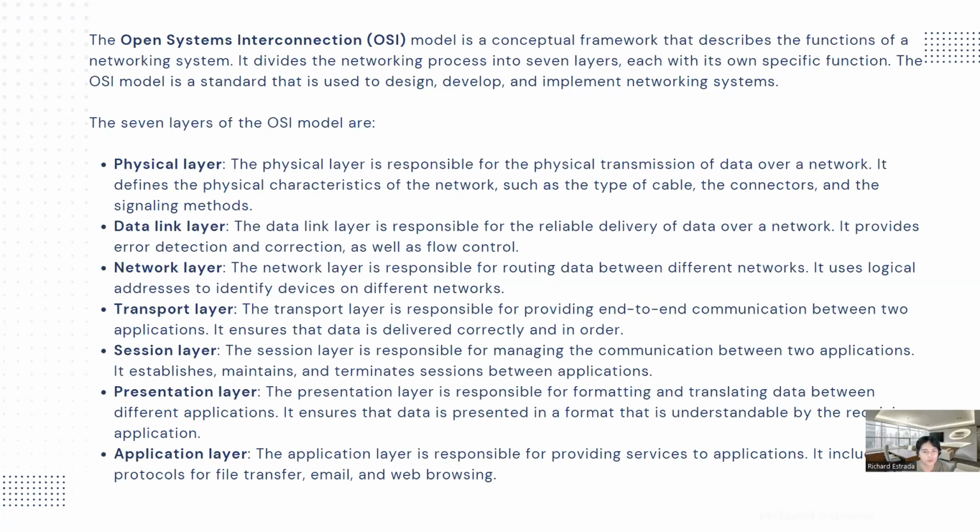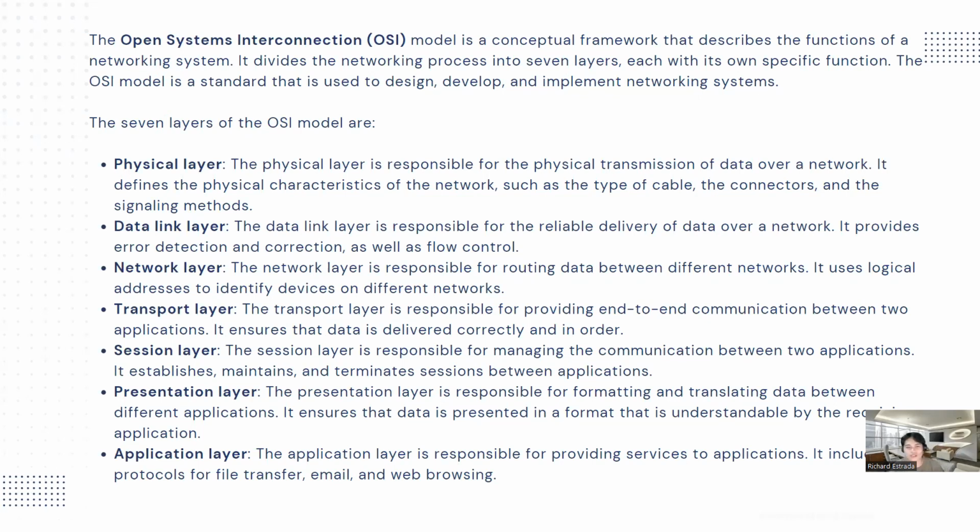This model is important in order for us to have this connectivity. It divides the networking process into 7 layers, and each layer has its own specific functions. The OSI model is the standard that is used to design, develop, and implement networking systems.